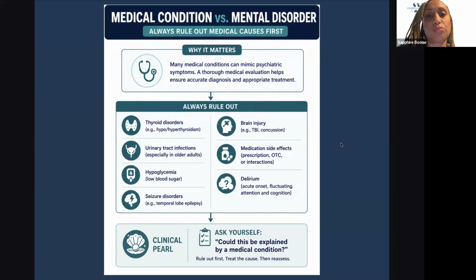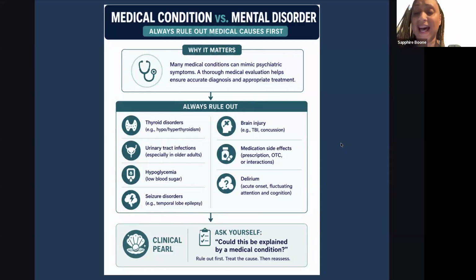So I wanted to just remind you that you always want to rule out medical first. That's something that we talked a little bit about last week. Anytime that you're looking at an emotional or mental health disorder, if you see some physical symptoms, some mental health disorders do impact those, the psychosomatic symptoms, right?